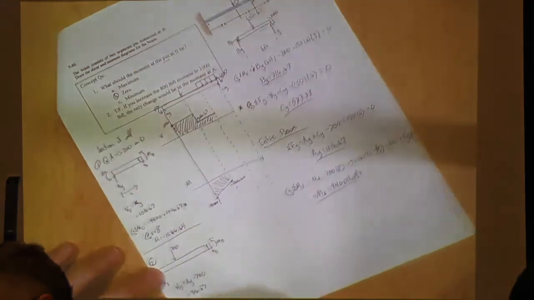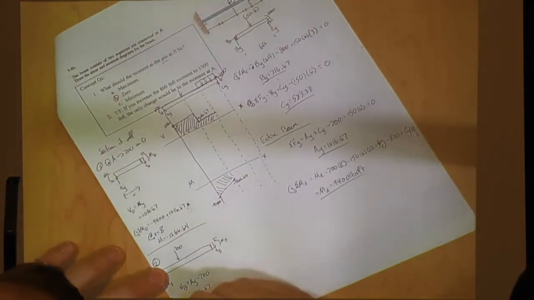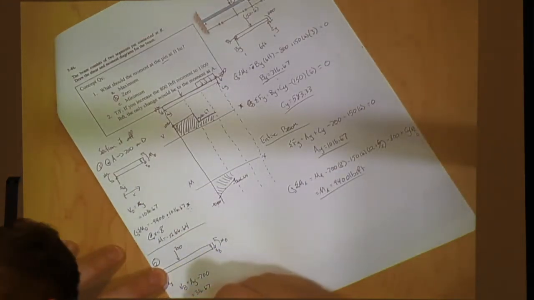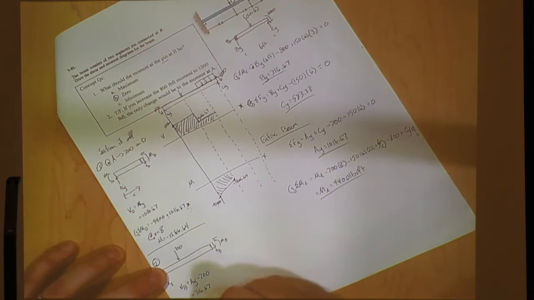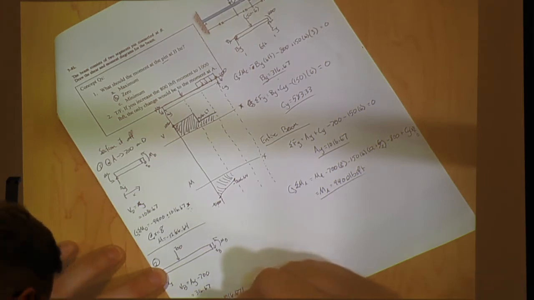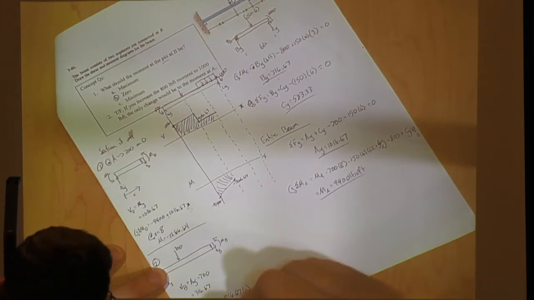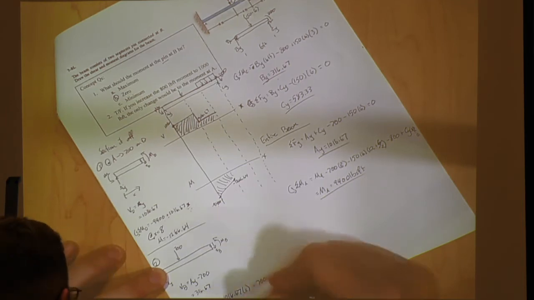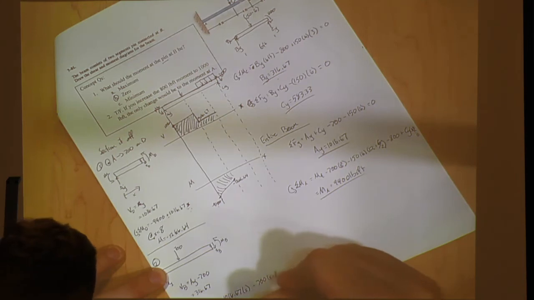All right? And then we're going to do our moment. RMB is going to equal negative 94 plus 1016.67 times x minus 700 times 8 minus x.